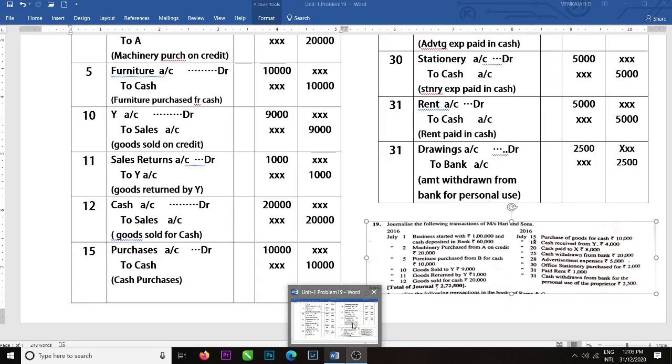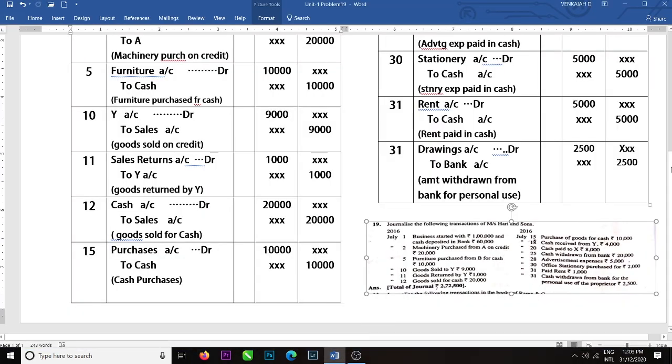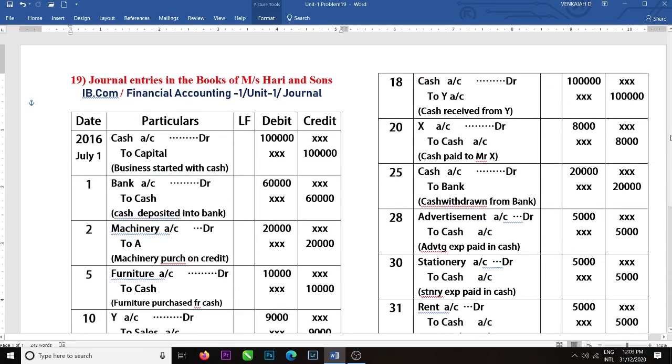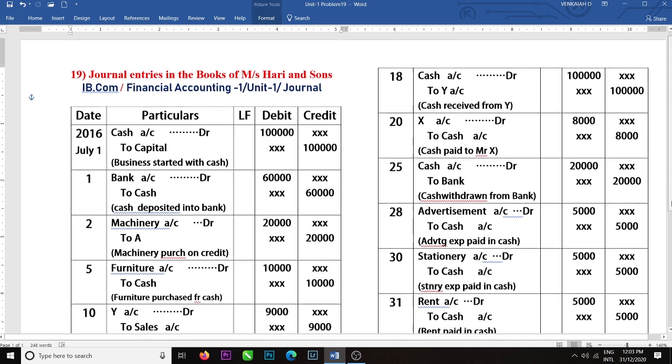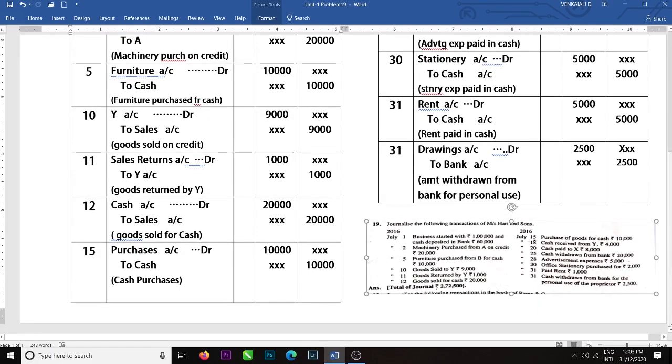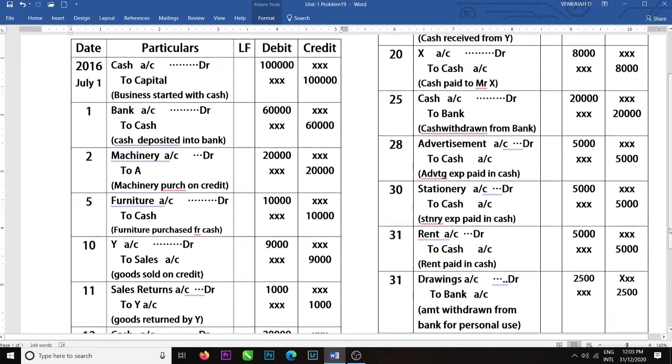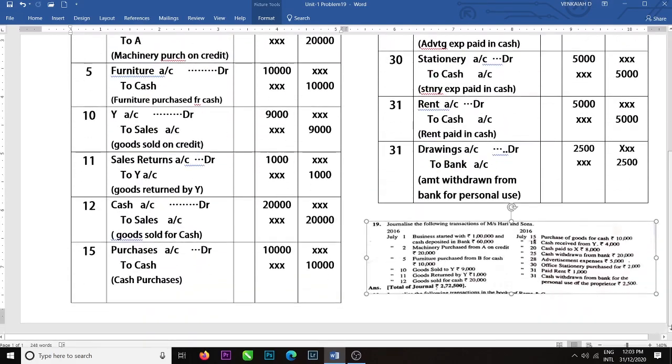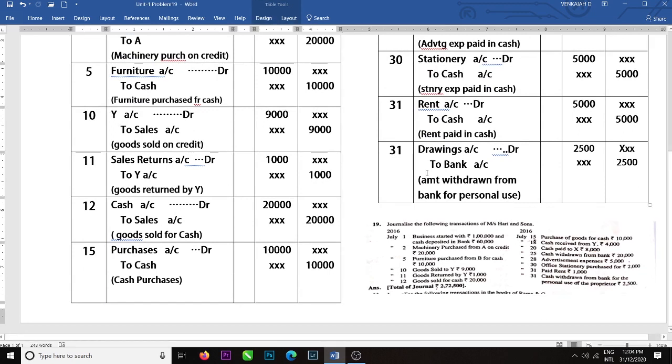If it is a personal account, remember the rule: debit the receiver, credit the giver. Right, students. Bye. Take care.